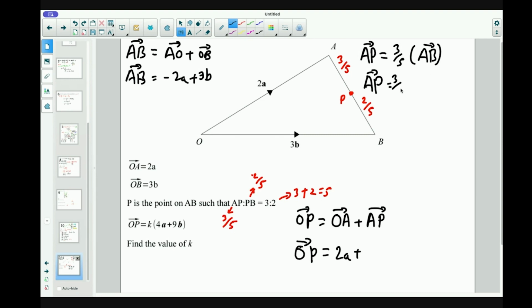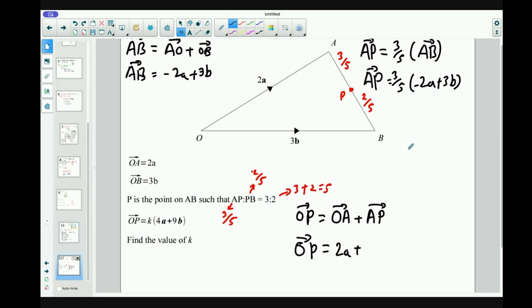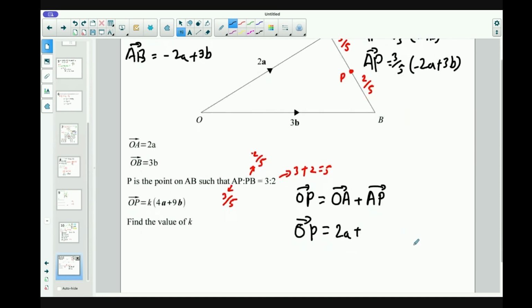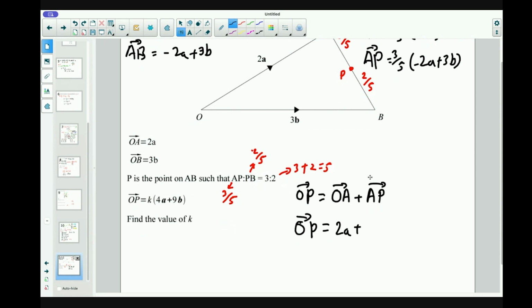So 3/5 of negative 2A plus 3B gives me that vector AP. We can insert that back into this equation: 2A plus 3/5 of negative 2A plus 3B.